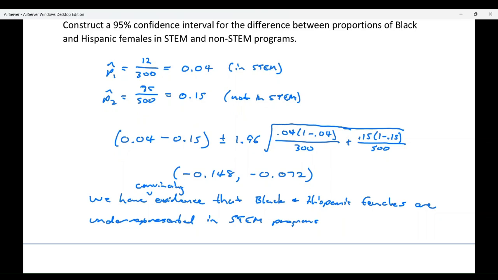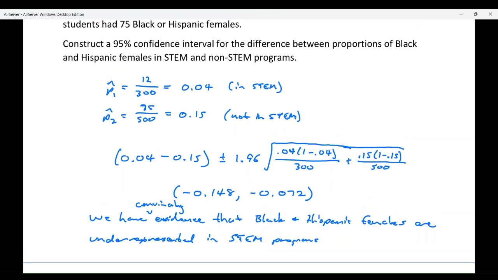If I said I'm 70% confident that Black and Hispanic females are underrepresented, well, people might look at that and go, yeah, 70%, but that leaves 30% wide open for the fact that they aren't. So when we think about the confidence level, the 95%, the 98%, the 80%, whatever it is that you use, we want to really be thinking about what level makes sense for the situation.